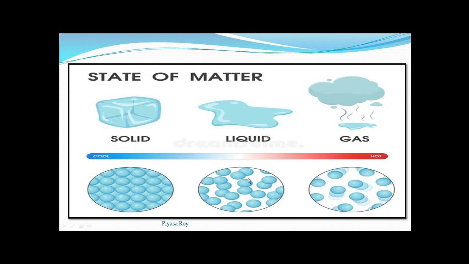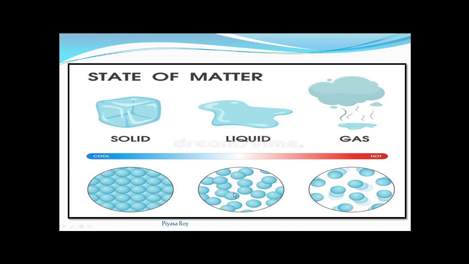Whereas for liquid there will be a little bit of gap between them. The particles are not as closely packed as in a solid, so there will be no such definite shape of the liquid.